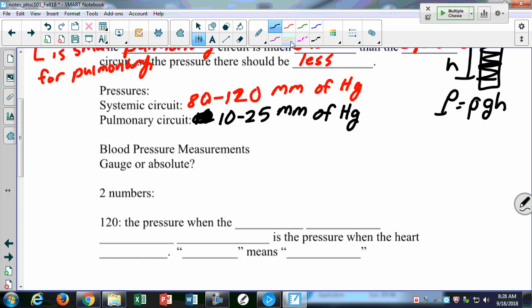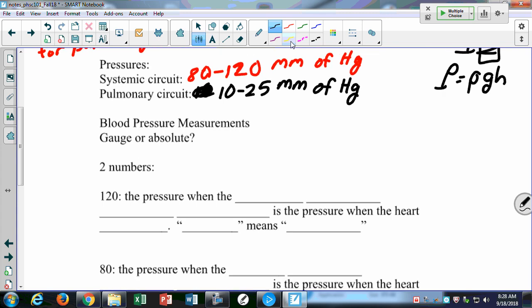Do you remember the difference between the two? When they take your blood pressure? Right, it'd be a gauge measurement, because you always have to include the atmospheric pressure. Remember the difference between those two: our absolute pressure is equal to my gauge plus the atmosphere.